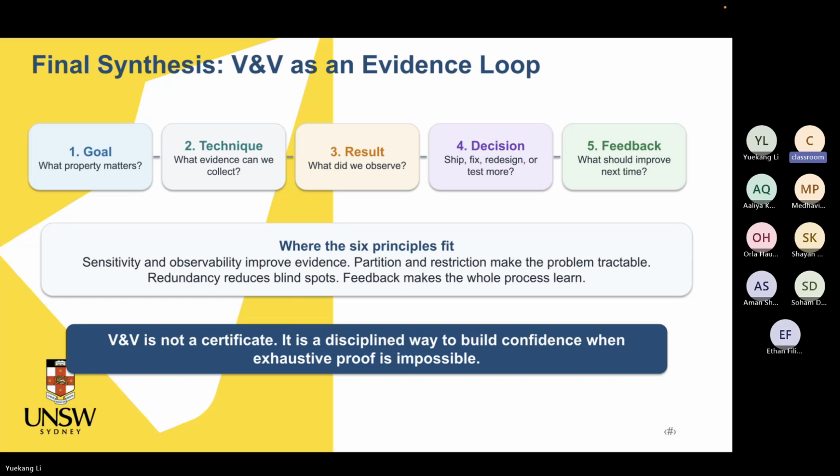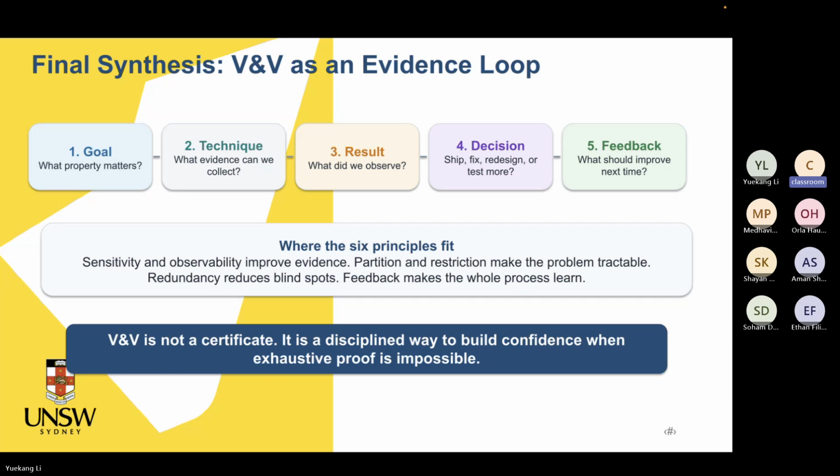So redundancy can help us to reduce blind spots, and feedback makes the whole process learn by improving itself, right? Because we are collecting feedback, we are adapting things, we are enriching our test suite as we are finding more bugs.